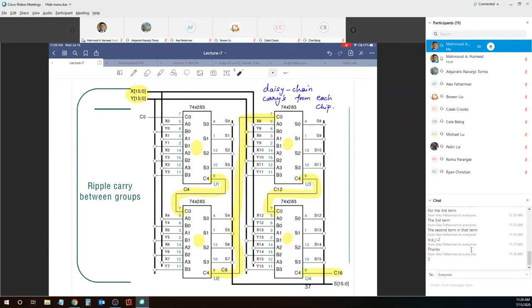Because even though we are only adding 4 bits here, 4 bits here, 4 bits here, 4 bits here, because we have kept it only to 4 bits and not made it into 16 bits, still the fan-in is manageable for each chip. And the only way to connect them to make a 16-bit adder is to ripple the carries between those groups.